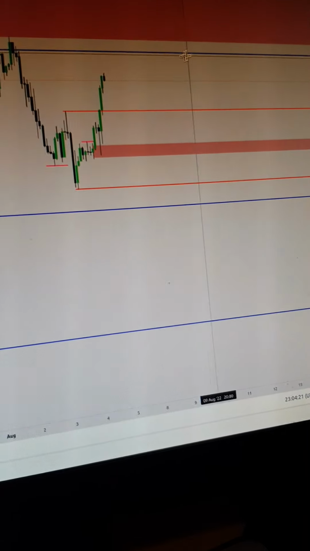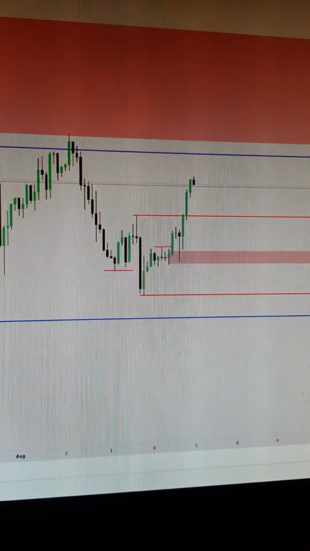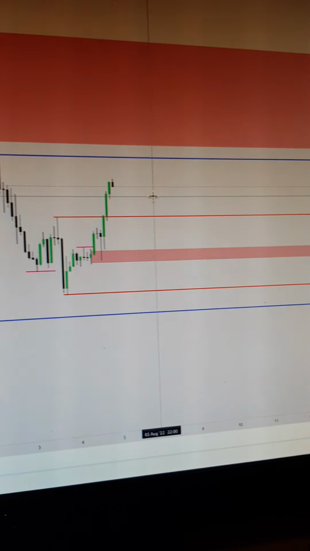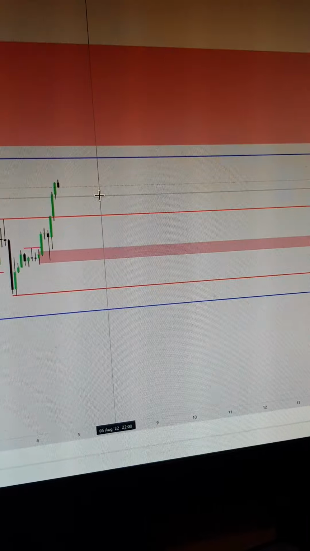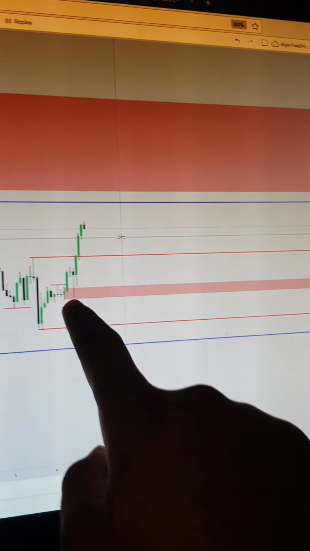Now because there is NFP tomorrow and it's the weekend, I can no longer hold it because NFP is going to change everything. So this is an opposing market structure, but this is advanced.